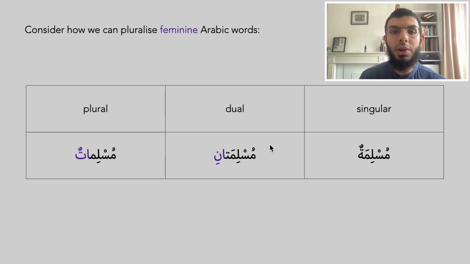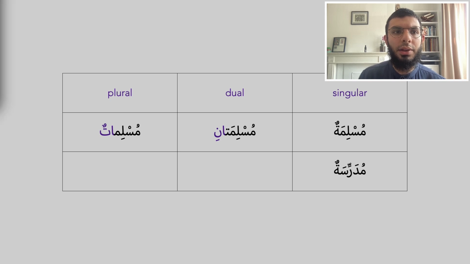And when we go to the plural, interestingly enough, the atun suffix completely replaces the feminine marker in the singular, and we get muslimatun. So let's go ahead and try mapping that onto the word mudarrisatun for teacher, just like we did earlier in the masculine.